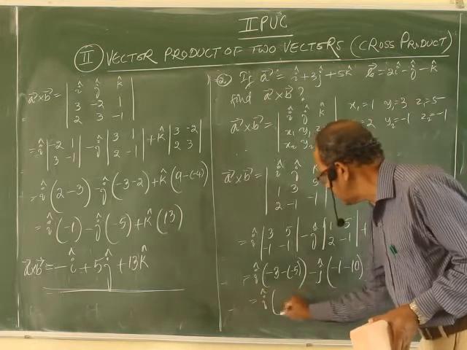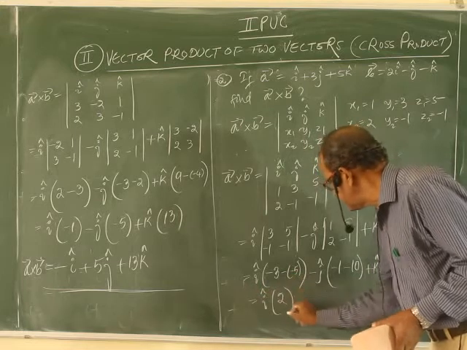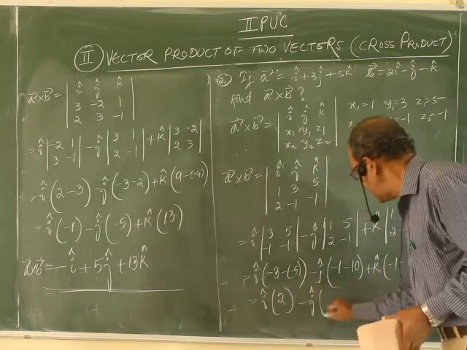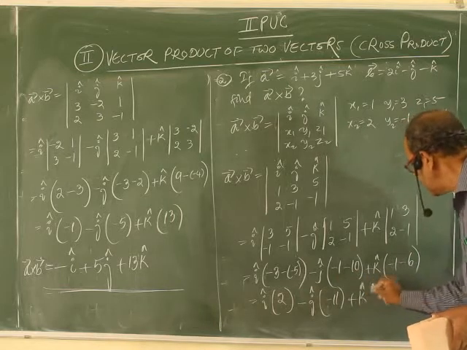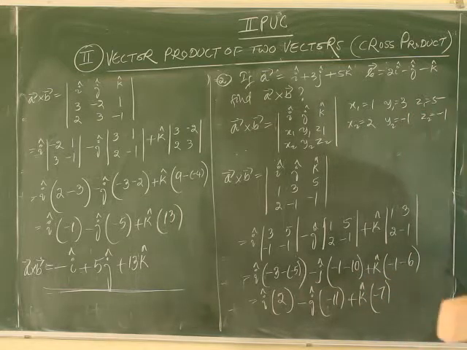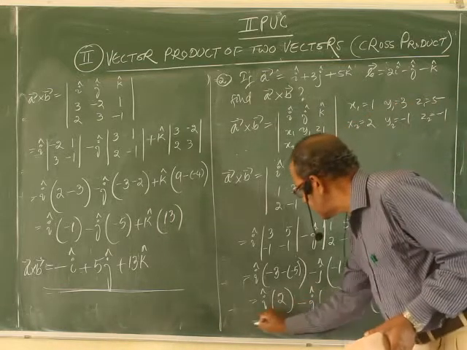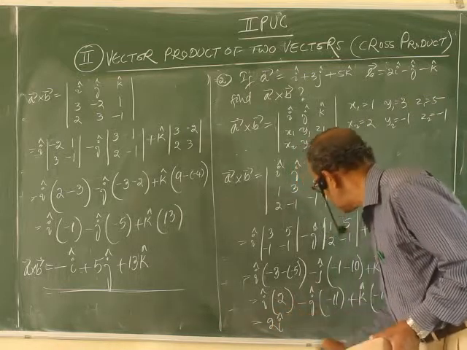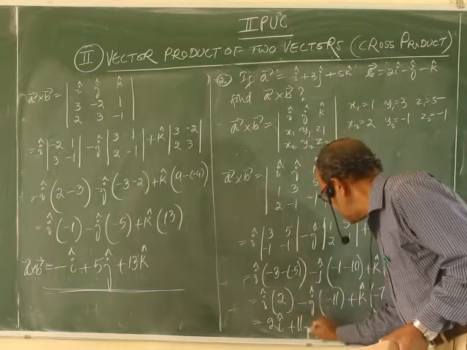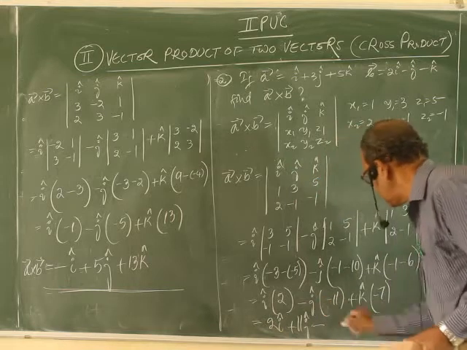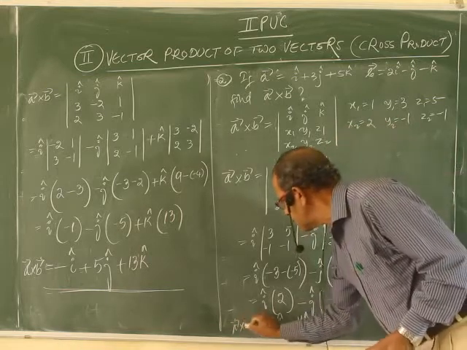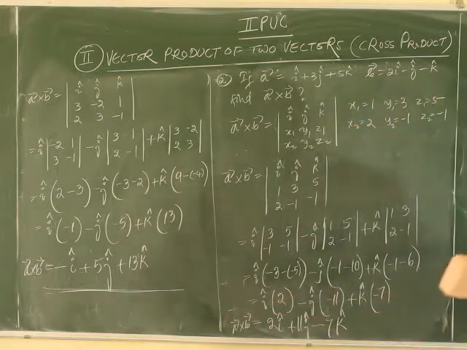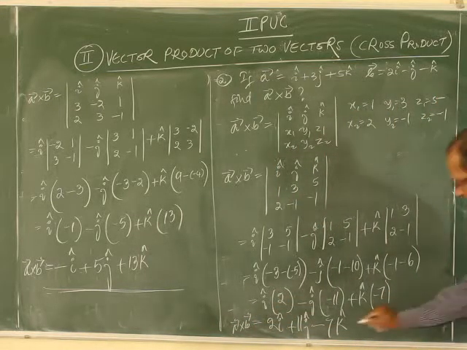I into minus 3 plus 5, minus j into minus 11, k into minus 7. Answer, let me write here itself: 2i plus 11j minus 7k. A cross B is 2i plus 11j minus 7k.